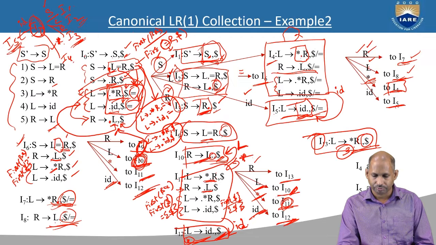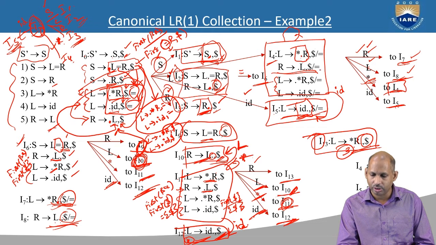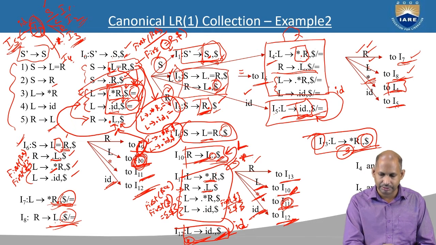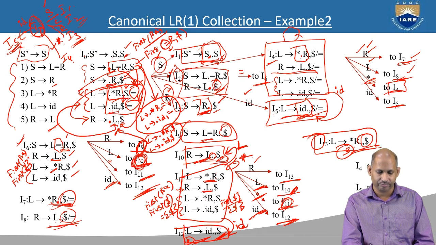Then I6. It has go-to operations on R, on L, on multiplication, on ID. On R, I9.